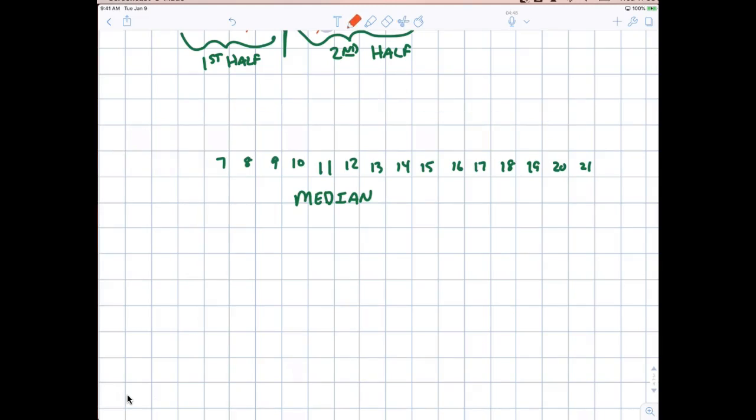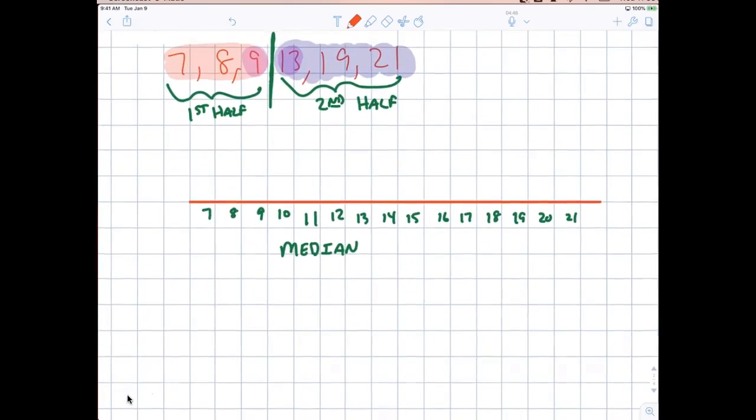When I moved mine, I changed things around, and I shouldn't have. All right. So the original median was 11, right? So I'm going to put a mark here at 11. Then there's a mark at 8. And then there's a mark at what? 19.